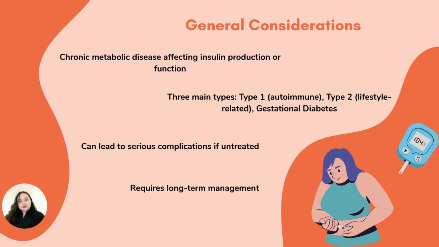And there's also gestational diabetes, which occurs during pregnancy. Common risk factors include age, family history, having a poor diet, physical inactivity, or being overweight. If it's not properly managed, diabetes can lead to serious health complications.